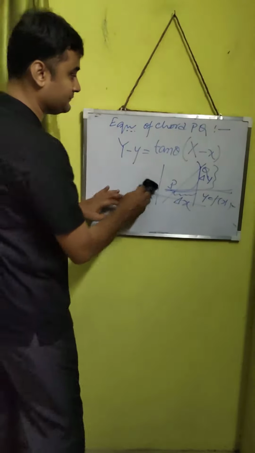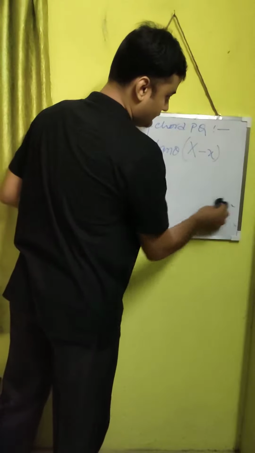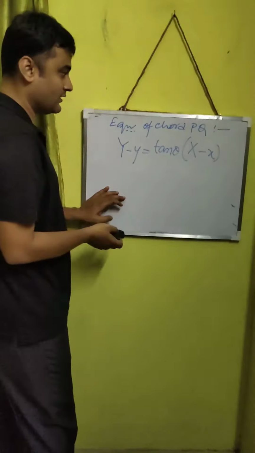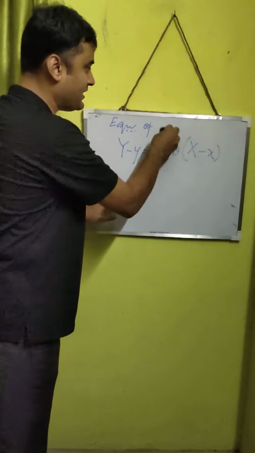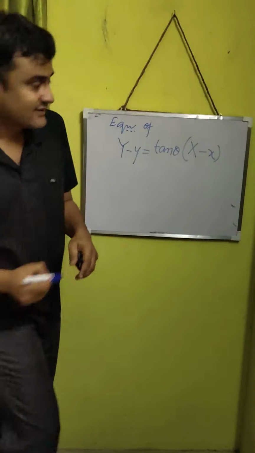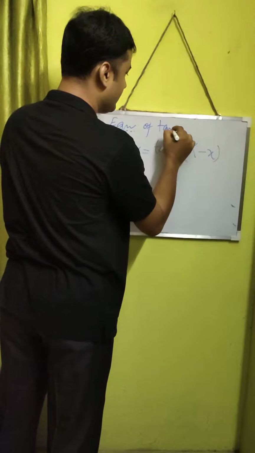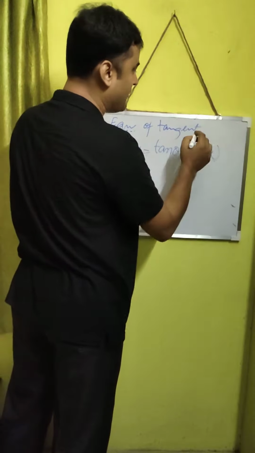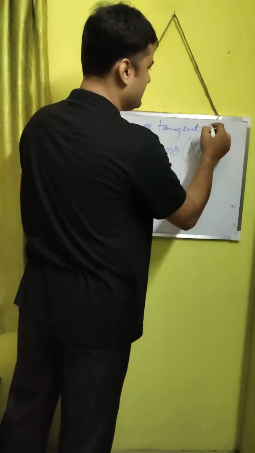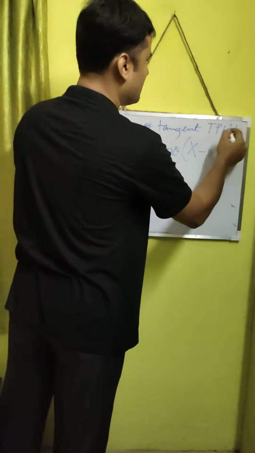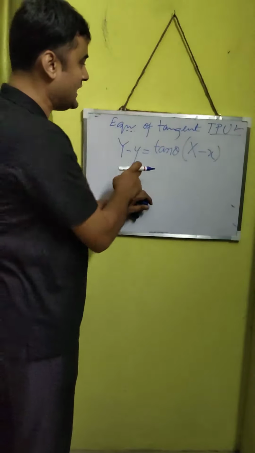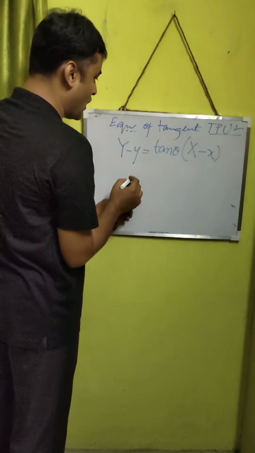So let us remove this chord PQ and call it the tangent. What did we name it? TPU maybe, I don't remember actually, you have the figure. So the equation of tangent TPU is what?